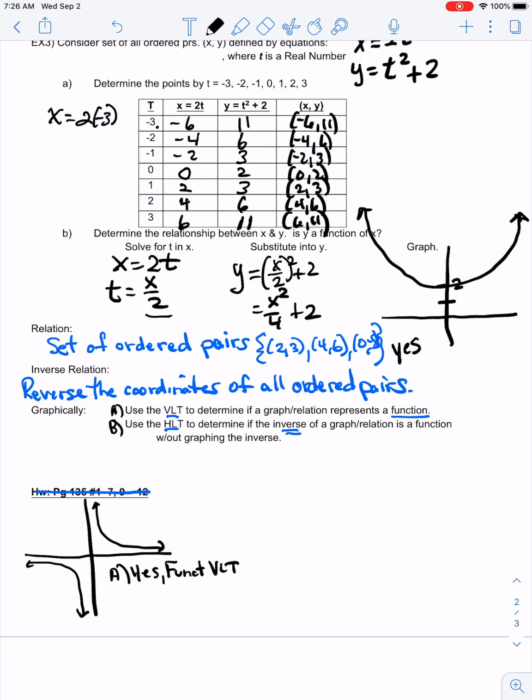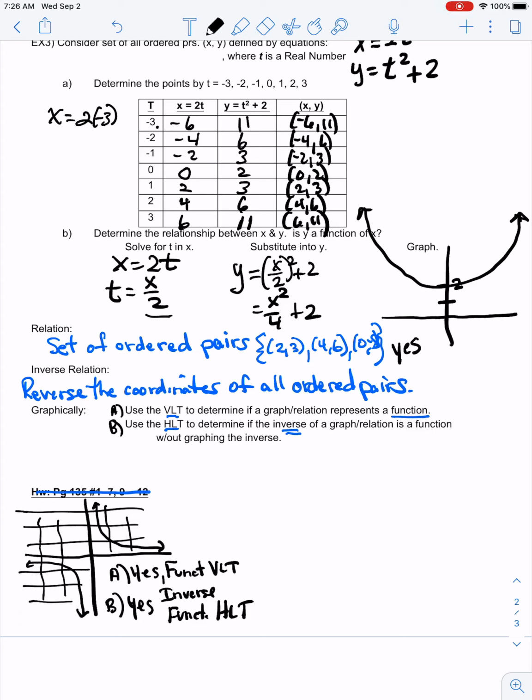Okay, because if you draw your vertical lines, it only hits the graph one time. B, is the inverse a function? Well, try the horizontal line test and see. Well, look at that. It only hits the graph one time. So yes, the inverse is a function by HLT.